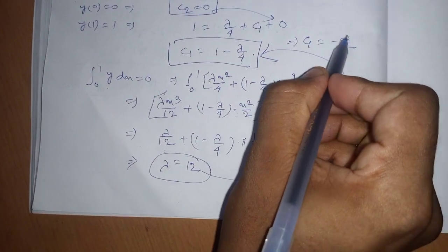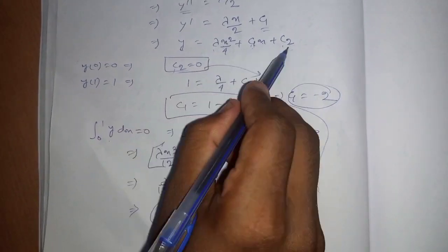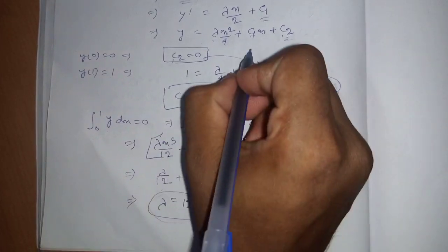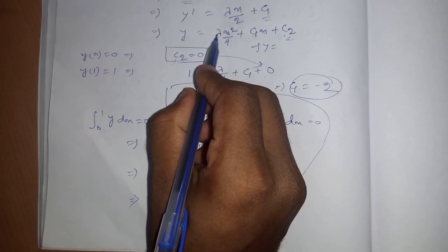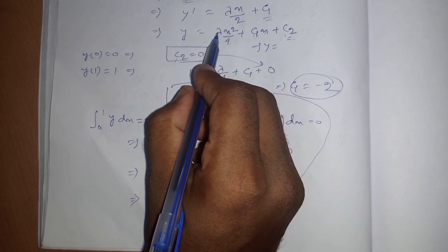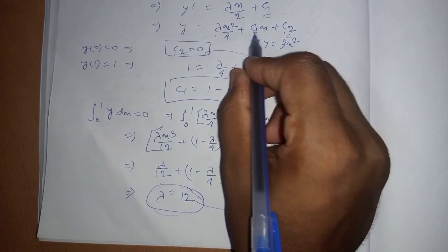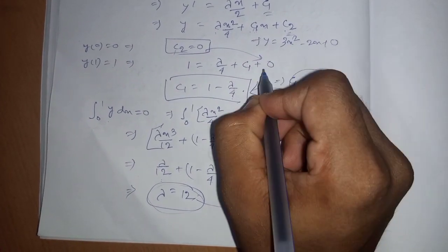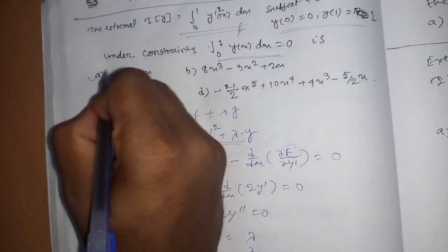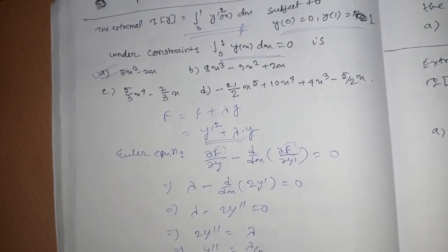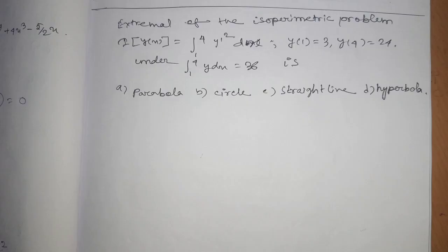Now put c1, lambda and c2 here, we will get the value of y, that is y equal to, if we put lambda equal to 12, 12 by 4 is 3x square minus 2x plus 0, that is 3x square minus 2x. So our correct option is option A, 3x square minus 2x, right?